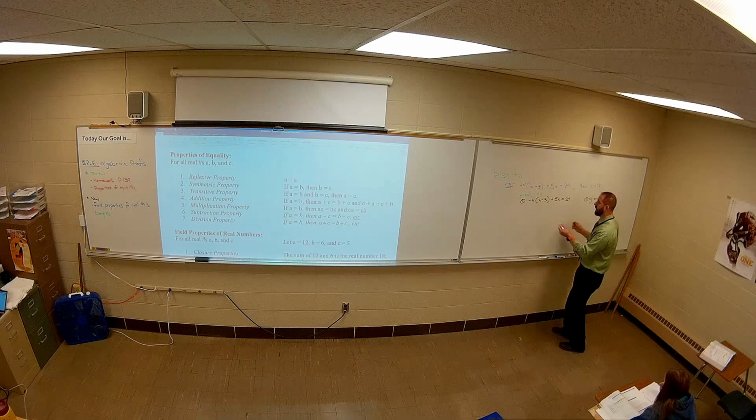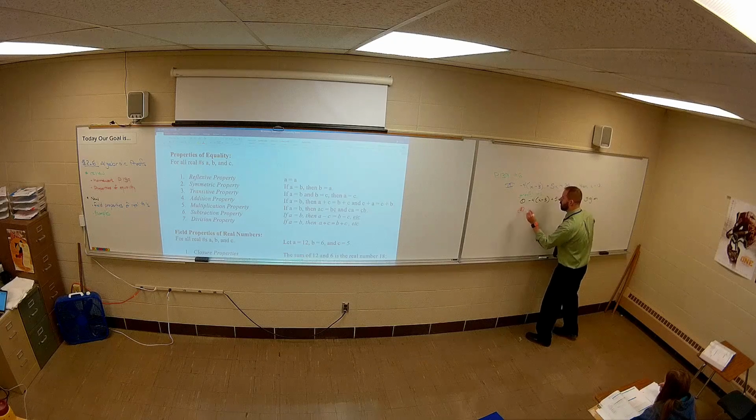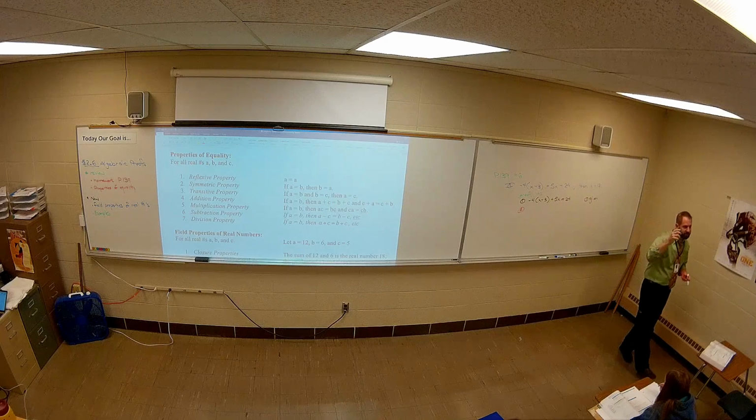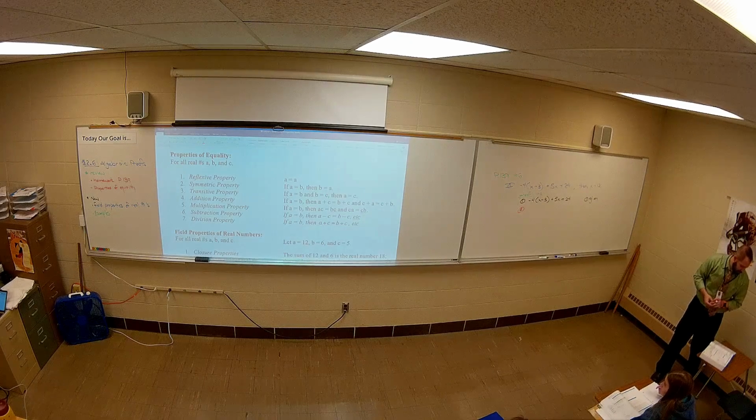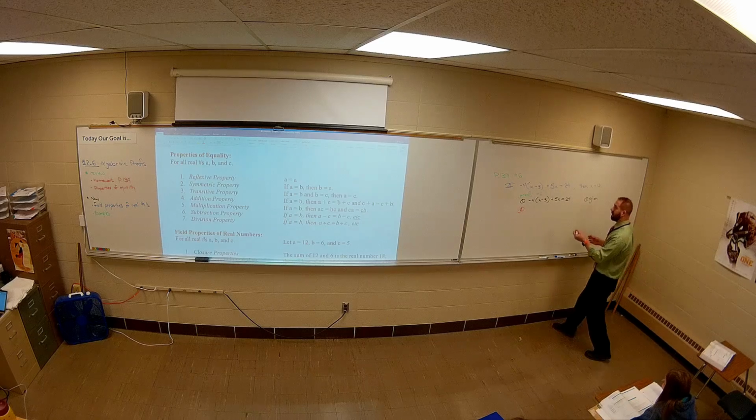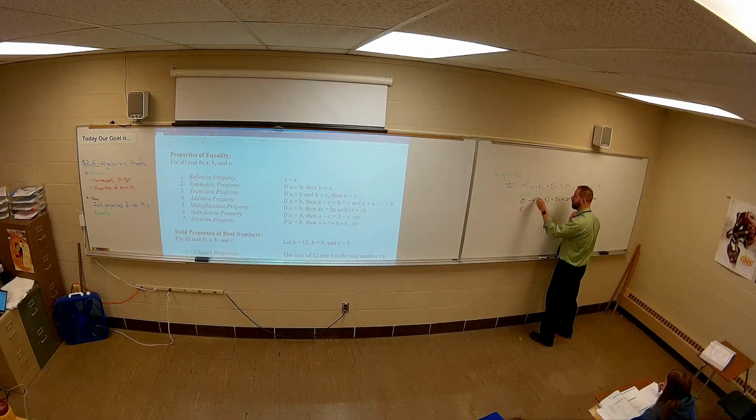So on this first step, when we first start the problem, what's the first thing we should do? Yeah, say it. Distribute. Yeah, you distribute the negative 4 through the parentheses. You're absolutely right. So I'm going to distribute that and hand it out.